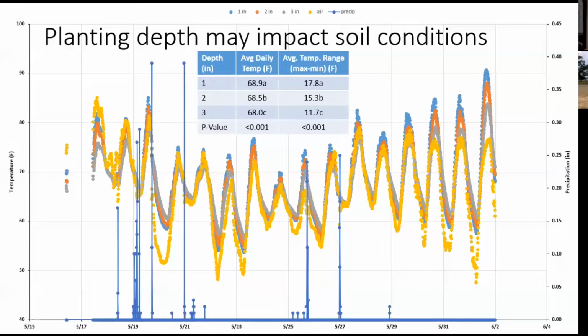So the variation from high to low was a lot lower as you got deeper, which could be good when we're talking about cold temperatures on planting. The deeper you plant early in the spring, potentially it could help buffer some of that temperature swing, and you won't get those really low temperatures that could potentially affect crop response to low air temperatures and freeze responses.